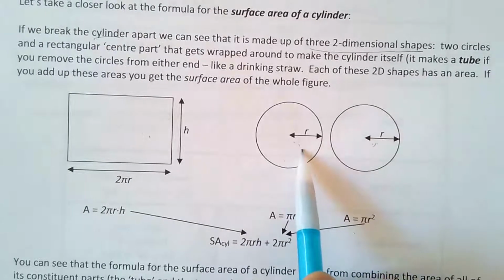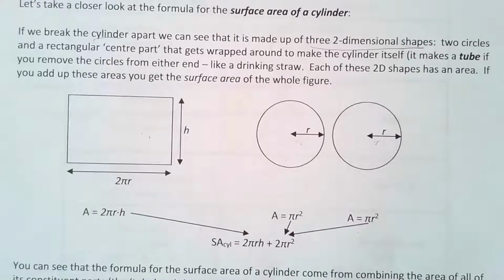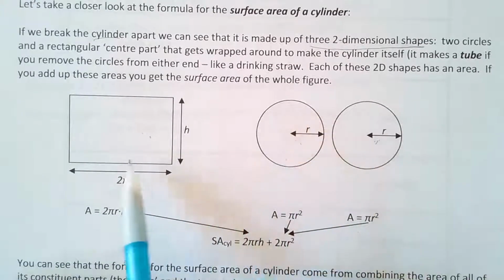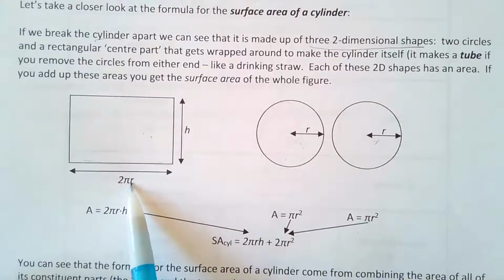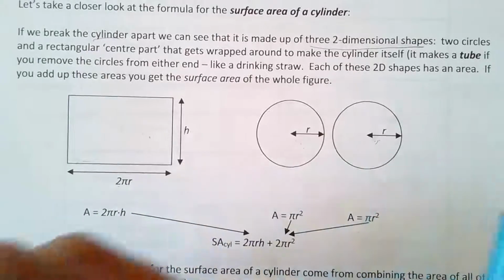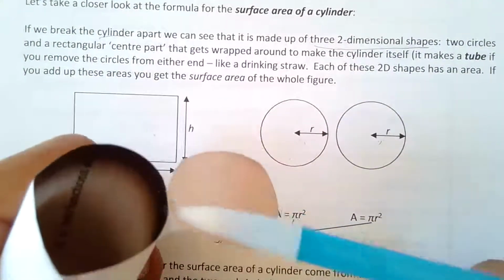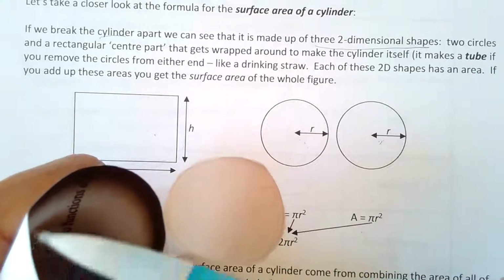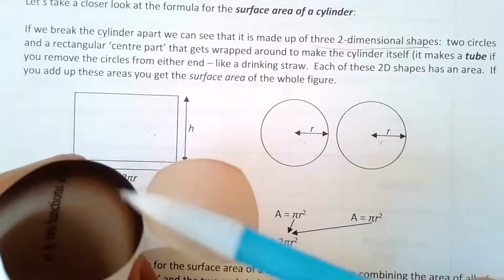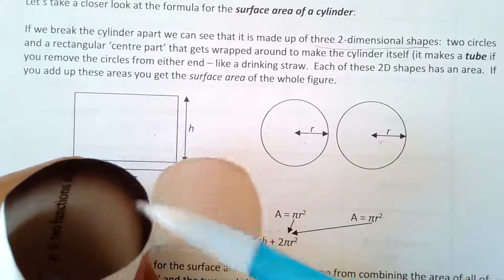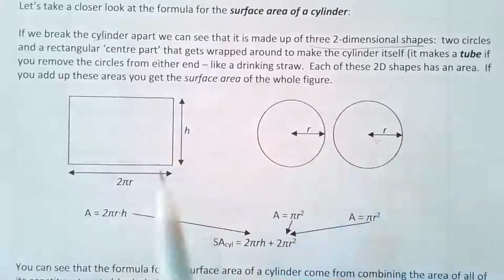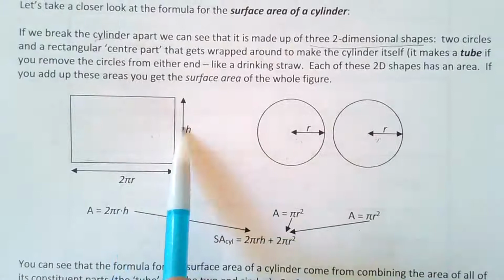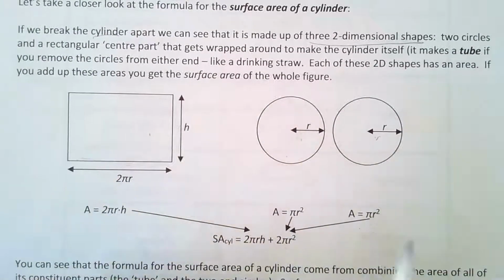So the side here is 2 pi r, your distance around, the circumference, which is similar to your width when you have a rectangle. So 2 pi r times the h will give you the side of the cylinder.